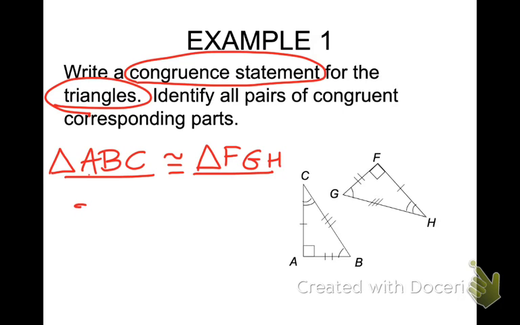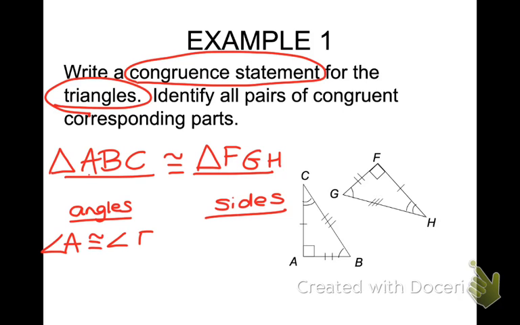So we're going to have congruent corresponding angles. So we're going to make a list of the angles, and then we're going to do a list of the sides. The angles are probably easier. So angle A, remember, was our right angle. Angle A was congruent to angle F in the other triangle. So now here's a new different type of congruent statement. This is a congruent statement of angles.